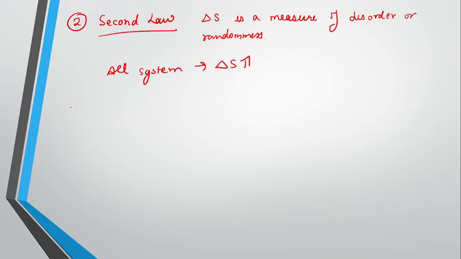Okay, third is third law of thermodynamics. It defines free energy, delta G. Free energy is actually available for useful work.